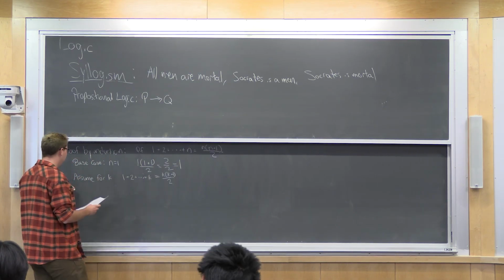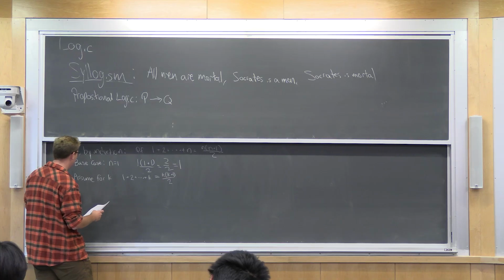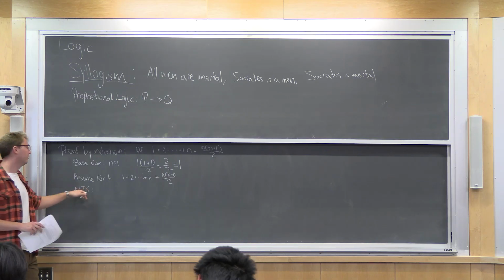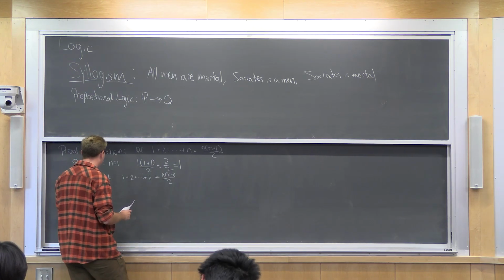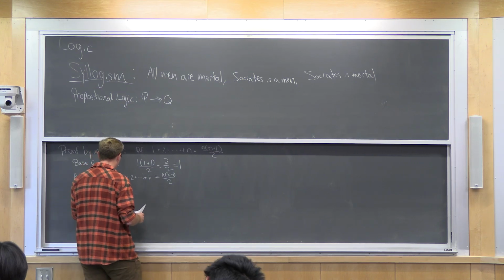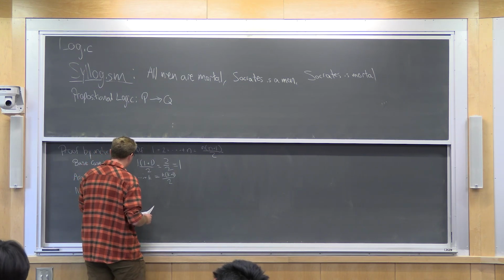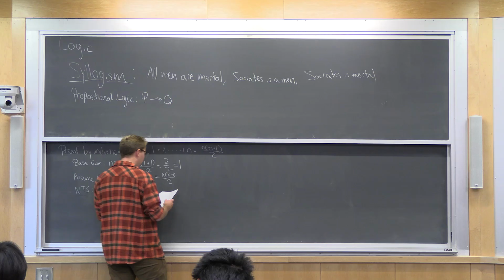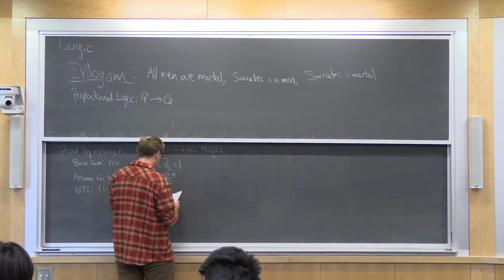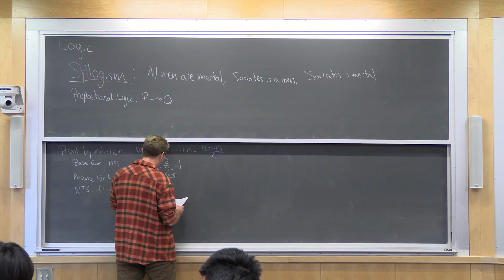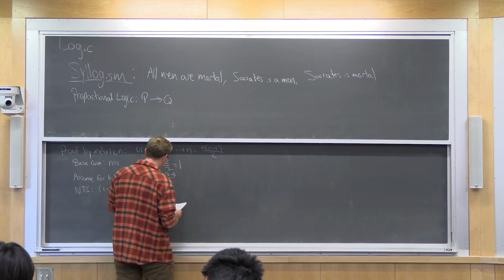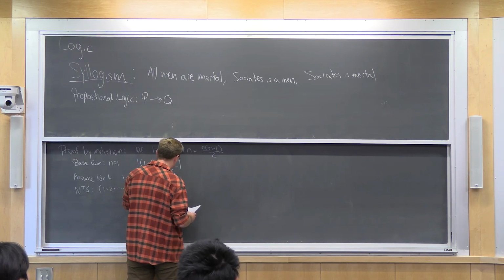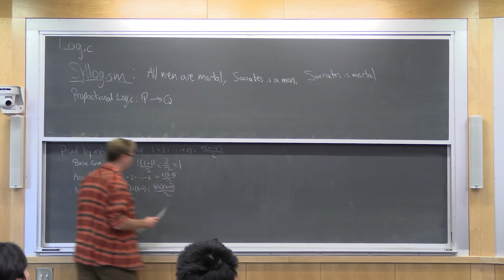Now we want to prove that for k plus 1. So we need to show, NTS is a common abbreviation you'll find for need to show, so we need to show that 1 plus 2 and so on up to k plus 1 is equal to k plus 1 times k plus 2 over 2.